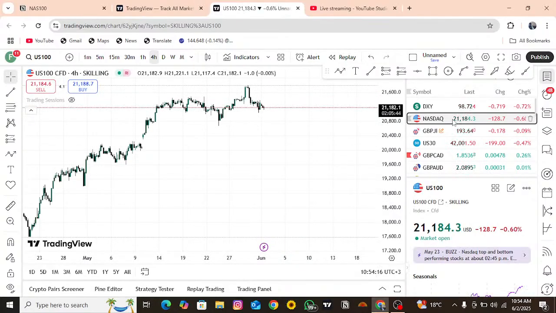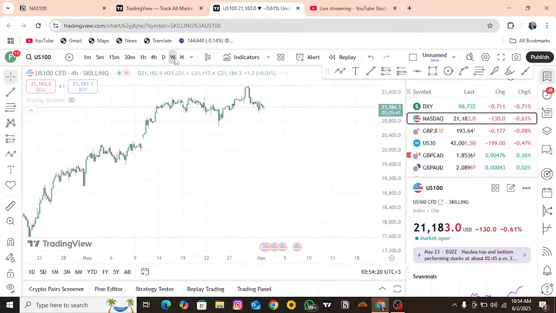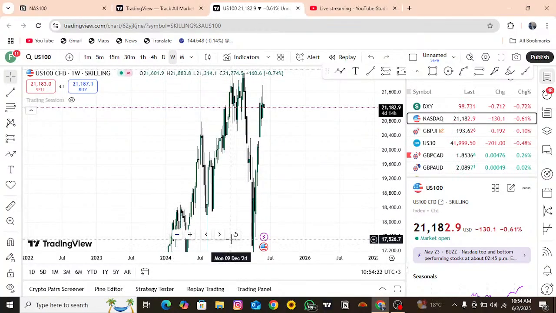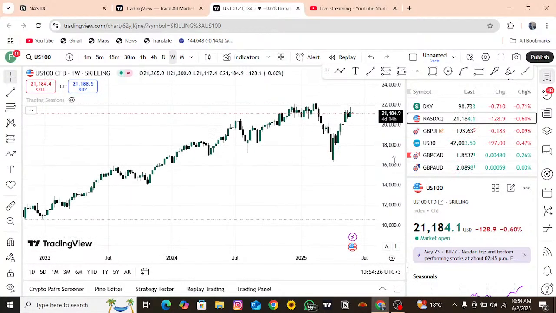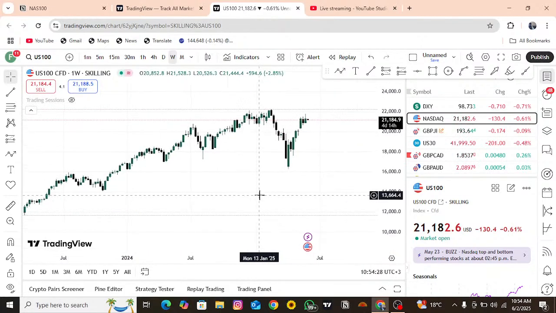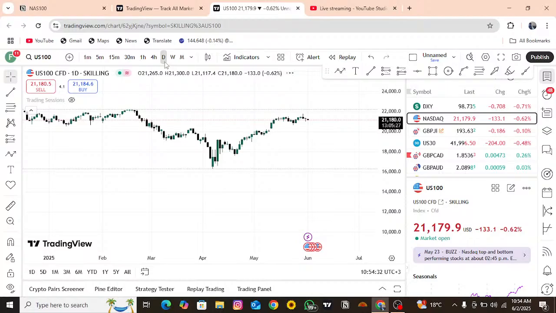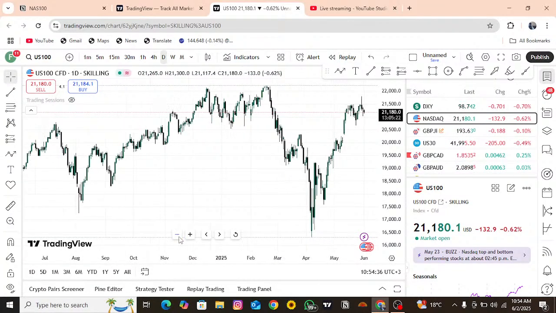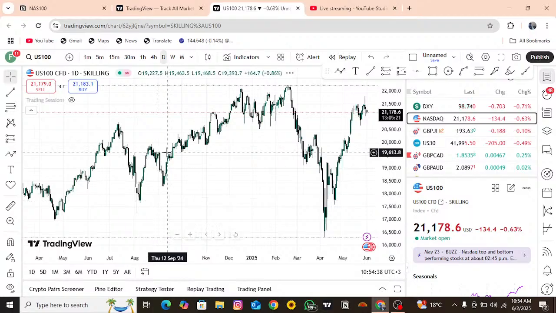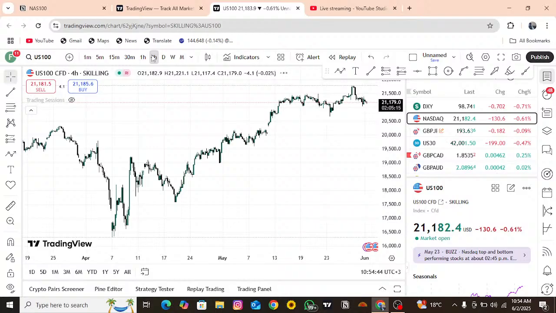Now, because of its volatile nature, with NASDAQ I don't start even from the monthly, I just start from the weekly. And clearly you can see the weekly has been shaky in a way. What about daily? Daily has also been shaky. With the Nasdaq I normally start even from daily, because my higher time frame is hourly.